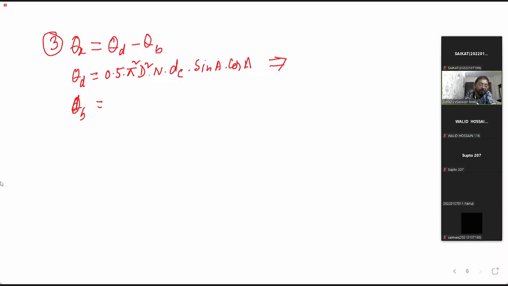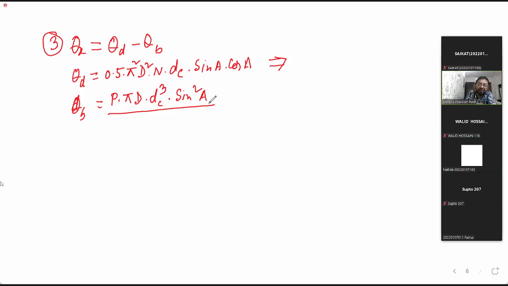What is the formula for QB? P pi D, D C cube. Channel depth cube, DC cube, sin square A, divided by 12 mu L. Yes, formula.